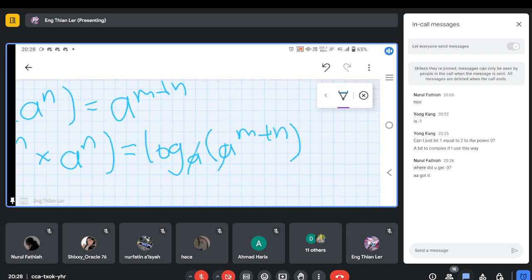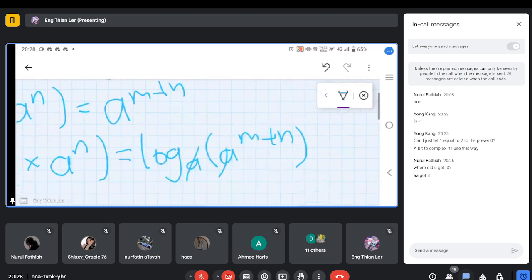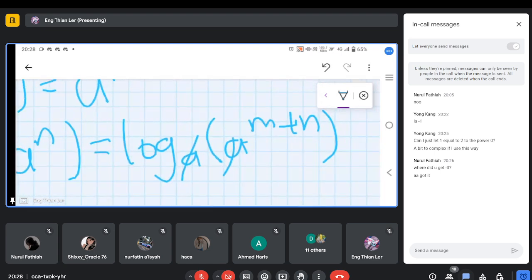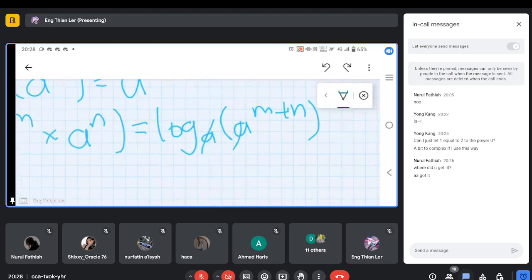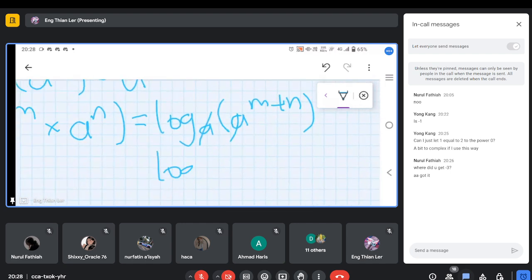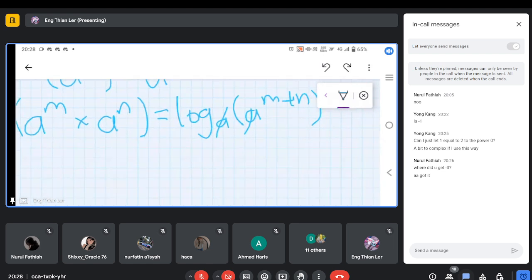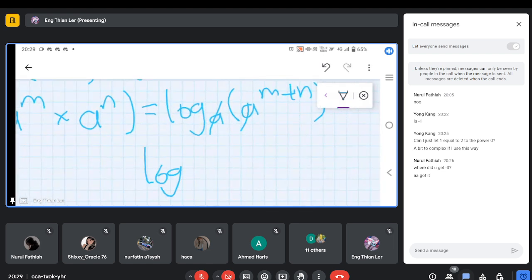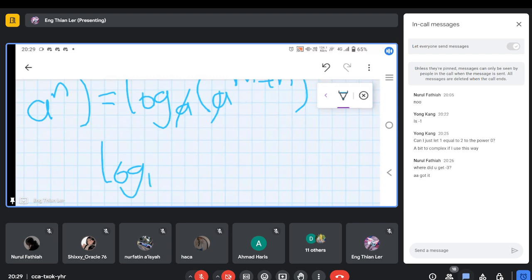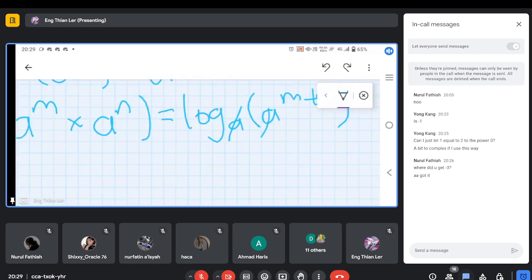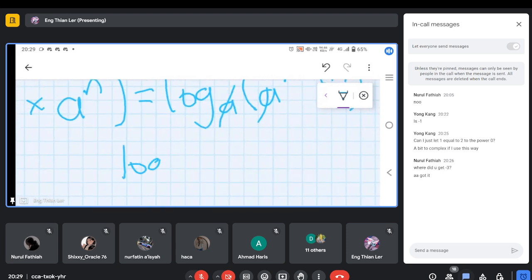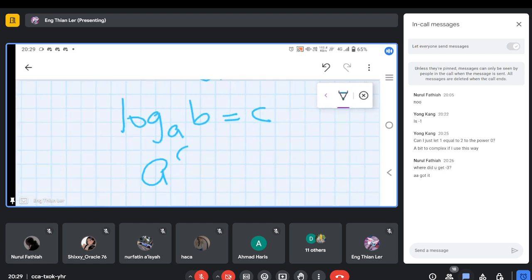And we know that log base a and a just cancel, because when you have log of base something, like log 10, this just cancels. Let's say an example. Log 10, because I'm going to show you how the logarithm works first. So log base a of b equal to c, so a to the power of c equal to b.